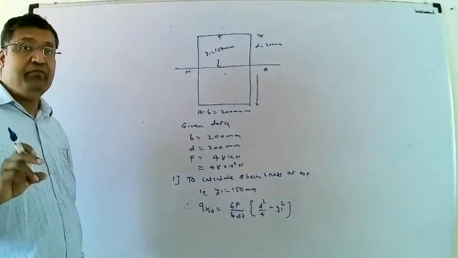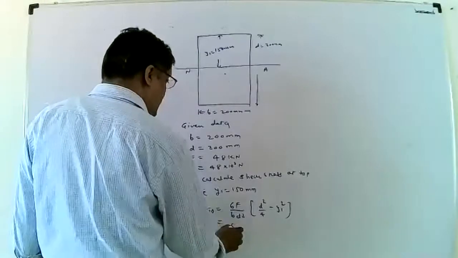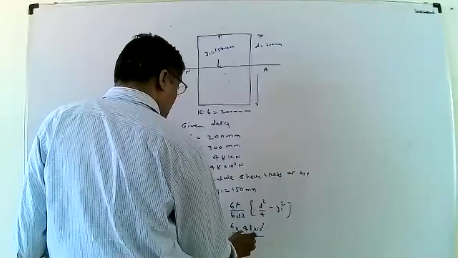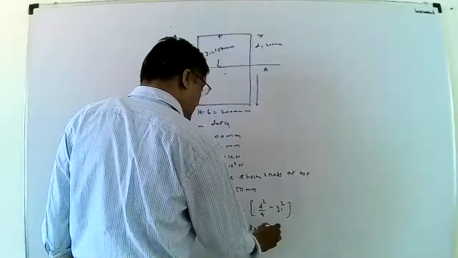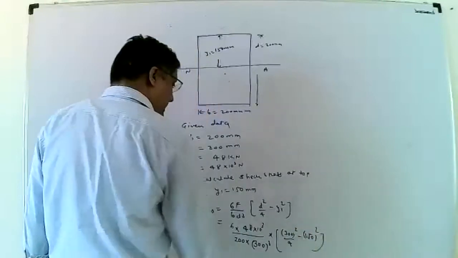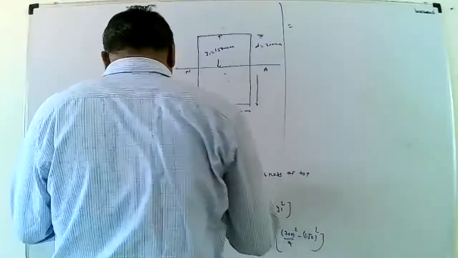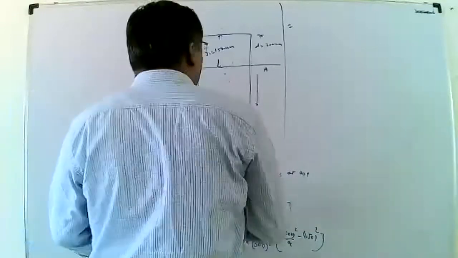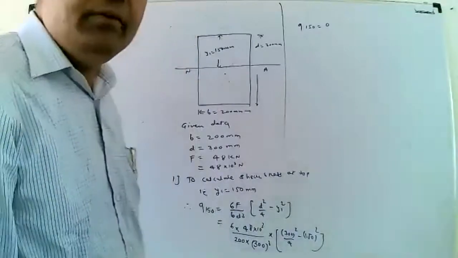This formula is applicable when we have to calculate shear stress at a particular distance from the neutral axis. Putting in the values: 6 into 48 into 10 raised to 3, divided by 200 into 300 cube, into 300 square divided by 4 minus 150 square. Doing the calculation, the final value of Q150 is equal to 0.